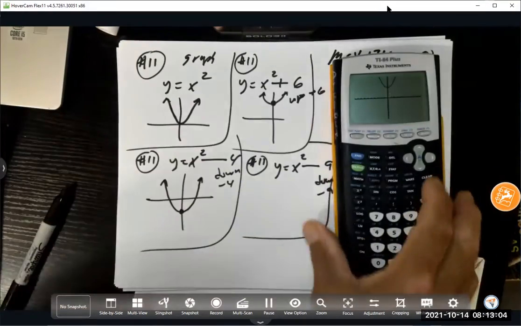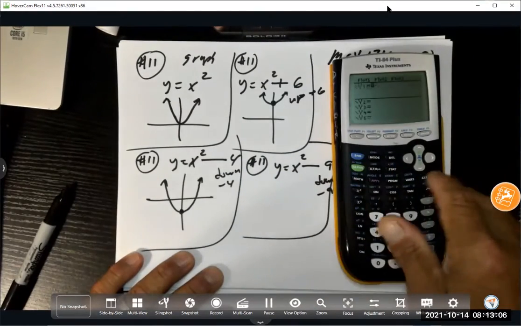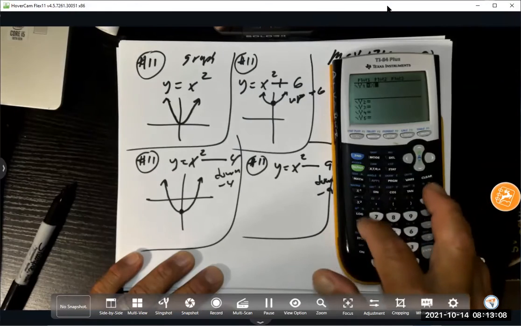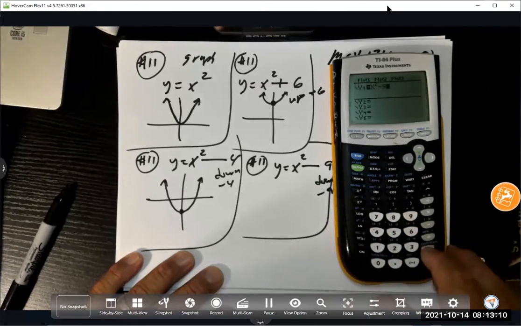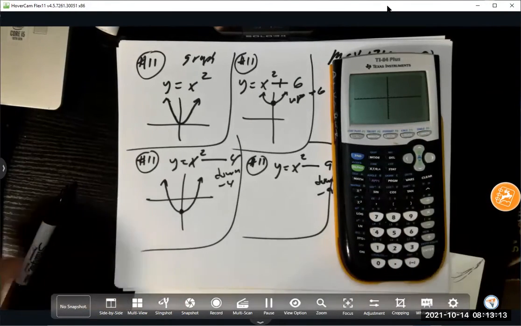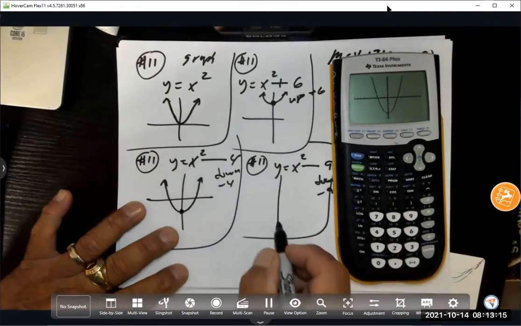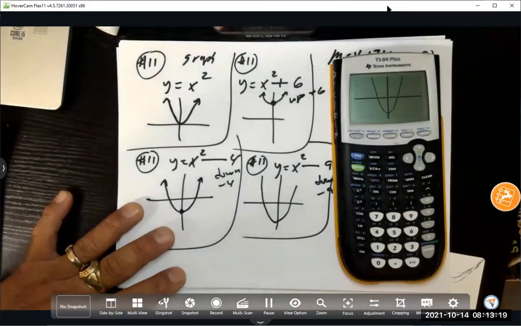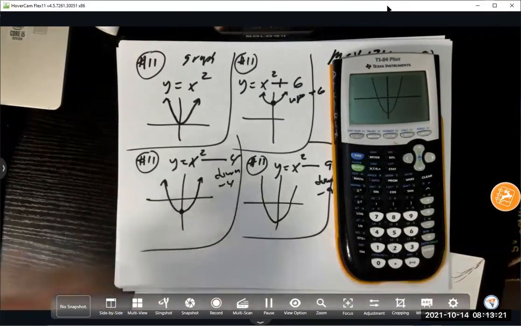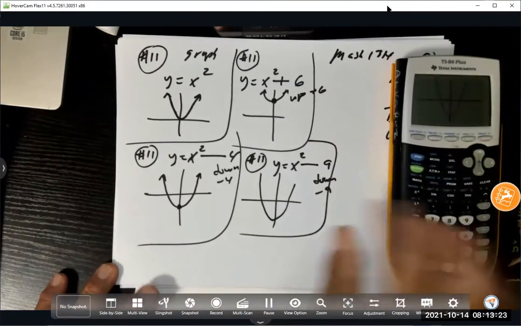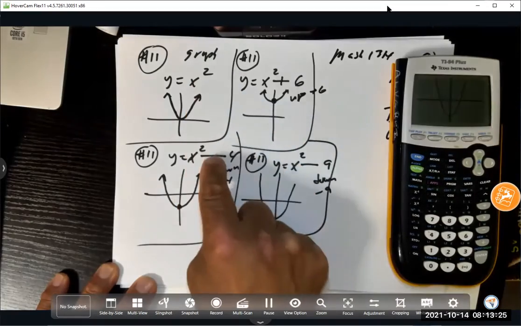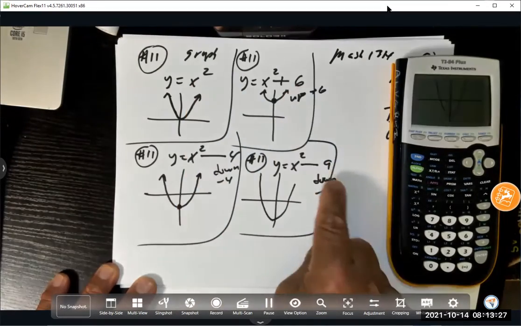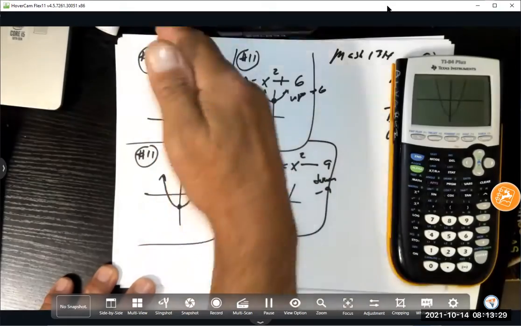Put it in the calculator: y clear, x squared minus 9, and hit graph. It's going to push it way down there. Does that make sense? So with numbers outside the original problem, negative goes down, positive goes up.